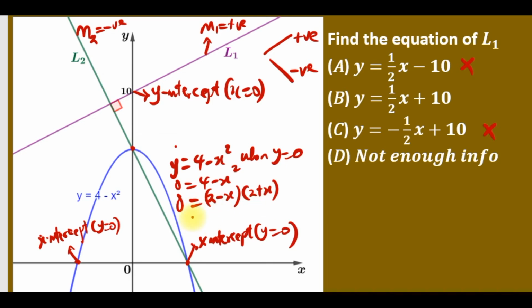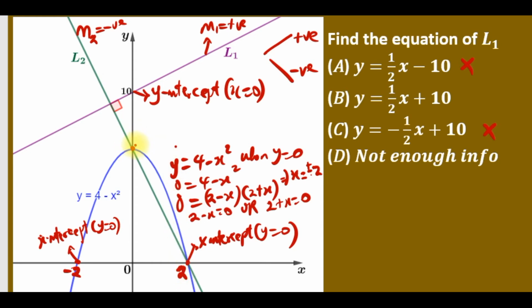So either 2 minus x is 0, or 2 plus x is 0. So we have that x is minus 2 and plus 2, that's plus or minus 2. This one is positive, so this is plus, while this is negative. So we've gotten the x-intercepts.